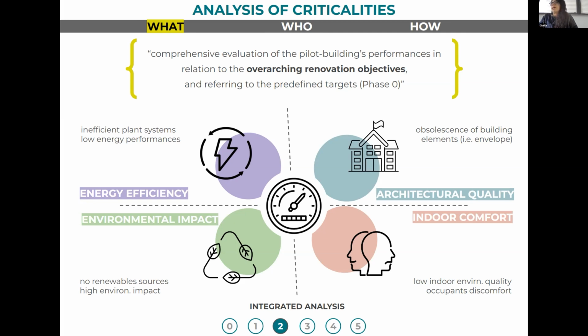Other criticalities, more related to the environmental impact of the public building under investigation, can be, for example, the absence of any renewable energy production in the building, or its very high environmental impact. This phase of analysis seeks to integrate all these analyses in order also to understand the interrelations between the different aspects of renovation.